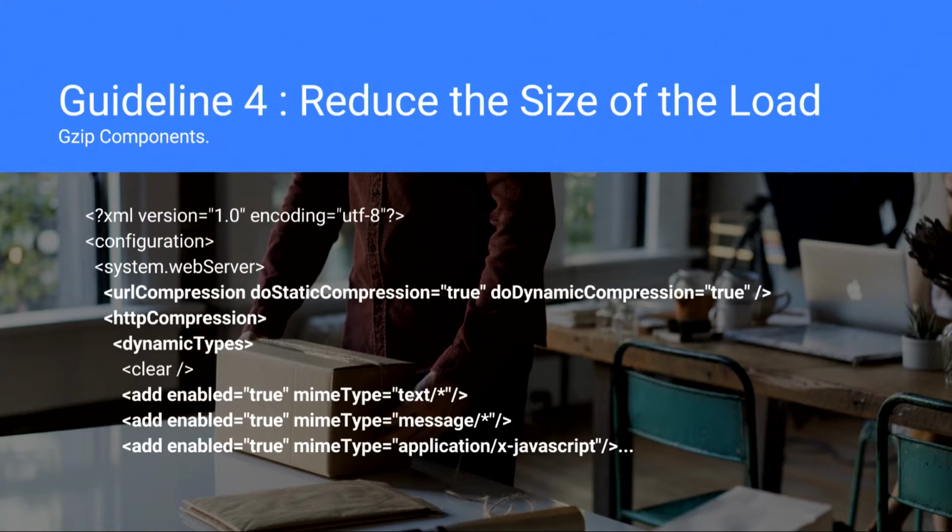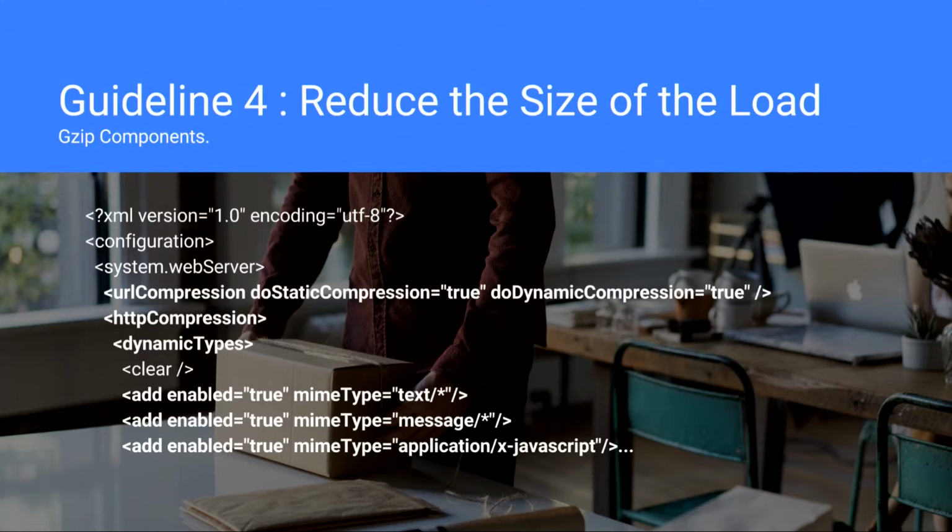So gzip compresses the files and then sends them to your browser, and your browser grabs the files and opens them up. When you first make a connection with a web server, that's one of the things it tells the web server: I support gzip. Almost all new browsers support gzip, so you don't have to worry about the browser supporting it. You just got to make sure it's turned on the server.